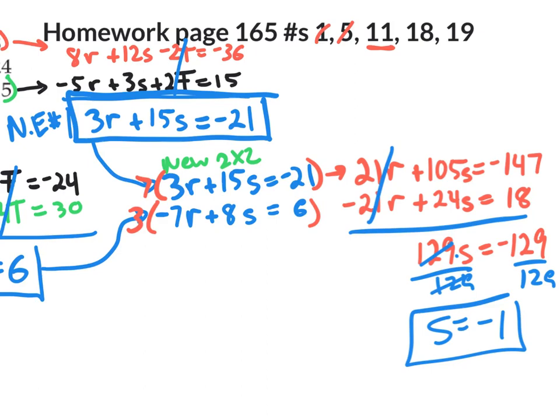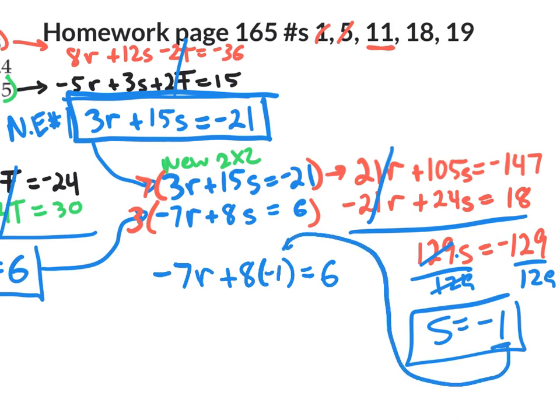So do we want to plug it into the top one or to the bottom one? It doesn't really matter. Bottom. Okay, bottom one it is. So we're going to go minus 7r plus 8s, but instead of s, we might as well write parentheses because we're going to plug in that negative 1 right in there, equals 6. My new equation is negative 7r minus 8 equals 6.